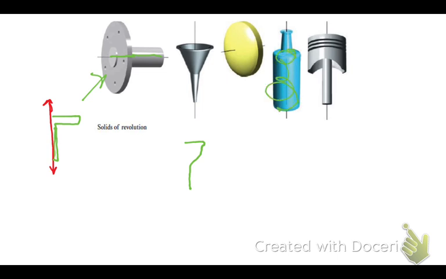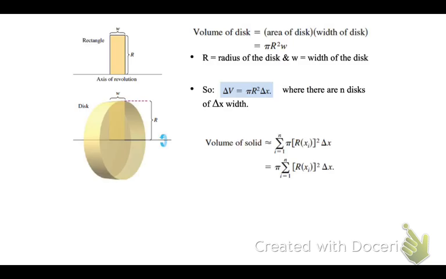Can you imagine trying to find the volume of this cone? Okay, so volume equals the area of the disk times the width of the disk. So we have pi, because it is what kind of an object?